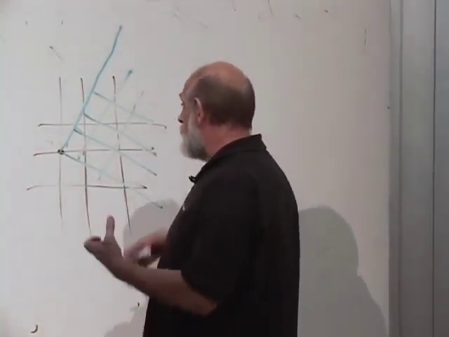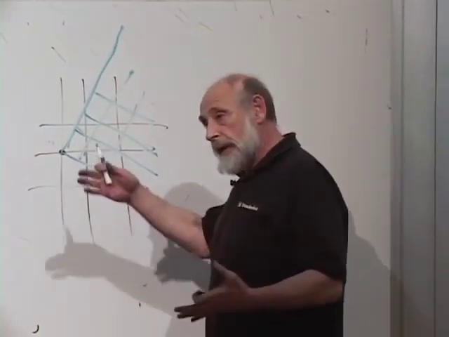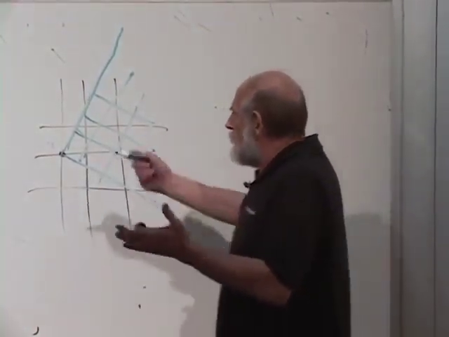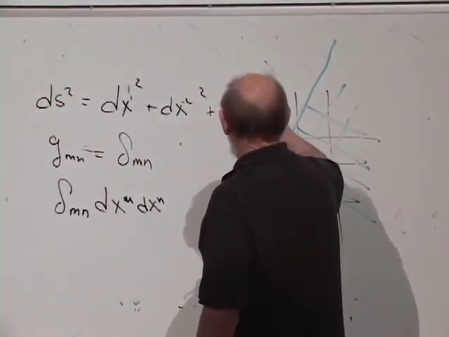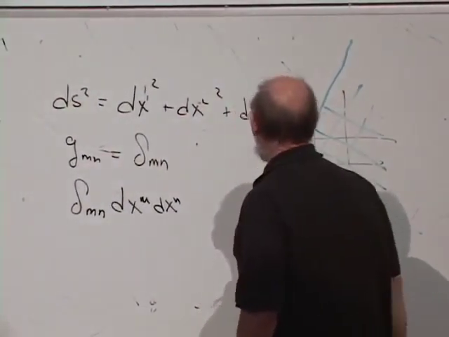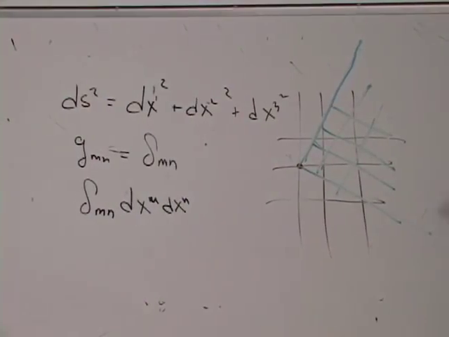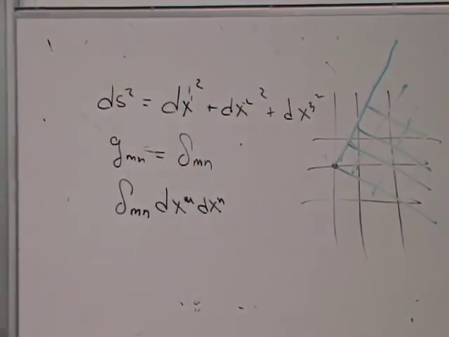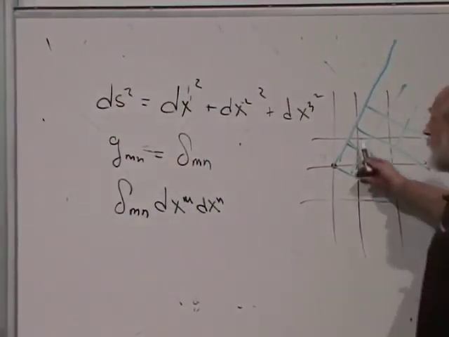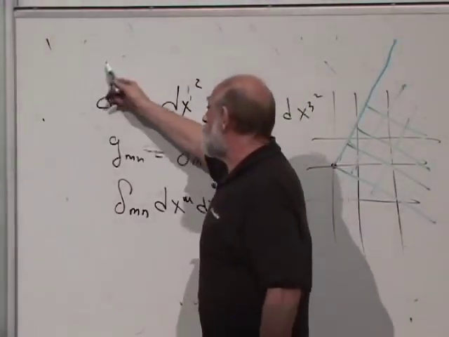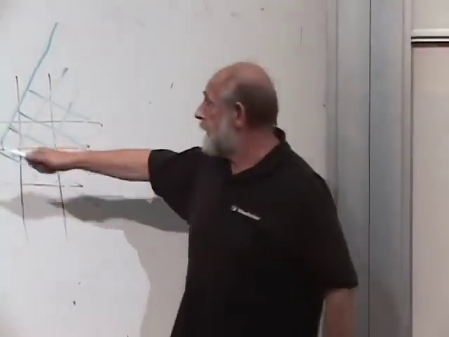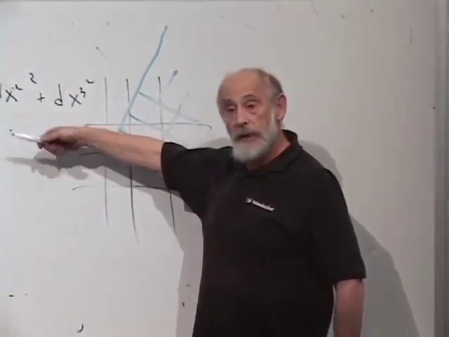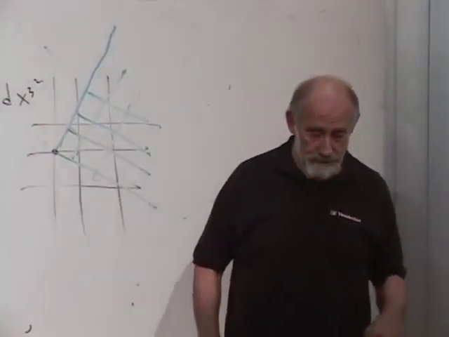That s squared, the length of an interval, is dx squared. And what happens if I have more components? I just add more of them in. dx3 squared and so forth. So the ordinary transformations that you can do on Cartesian coordinates are the transformations which preserve the form of the simple sums of dx squares as the length interval.